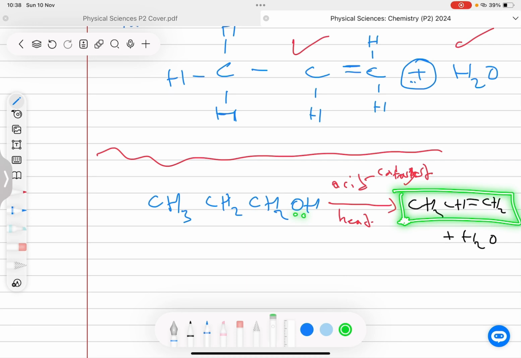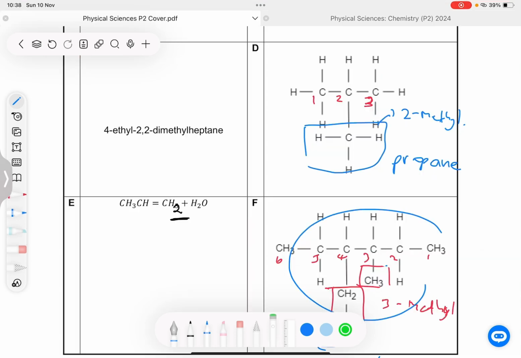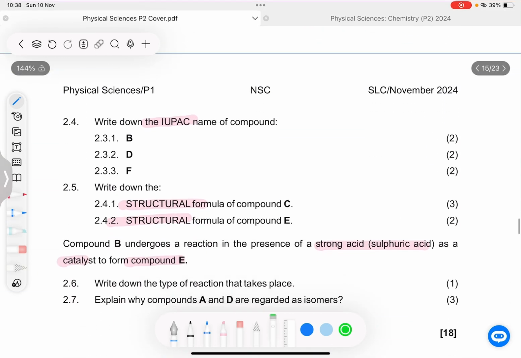So there's an elimination reaction, and more specifically, it's a dehydration reaction. We're dehydrating this molecule to be this molecule here without a hydroxide, without water, and the water is being released. I hope that makes sense. This is what is happening in this reaction if I'm interpreting this reaction.